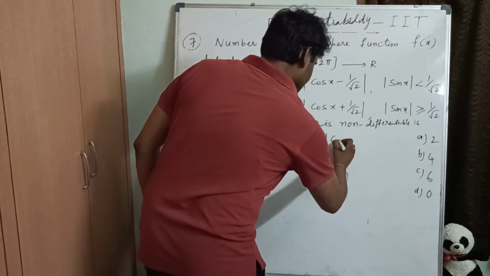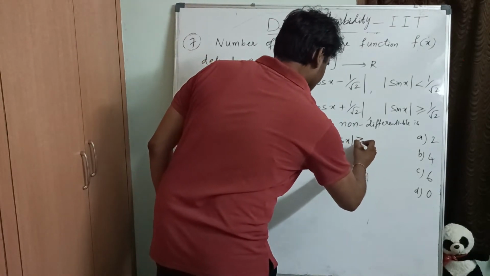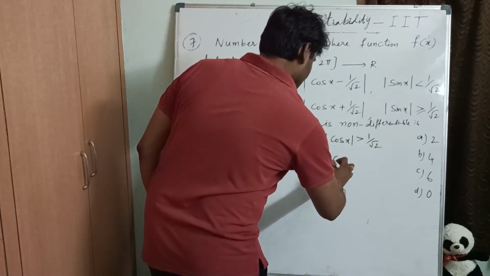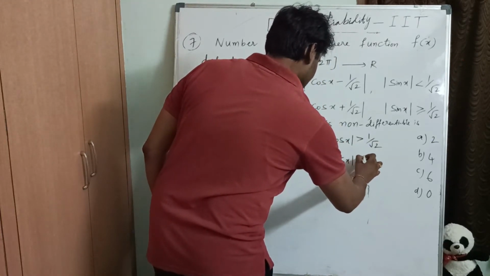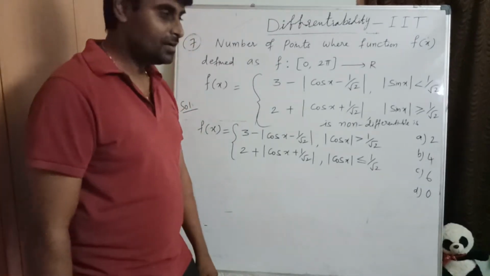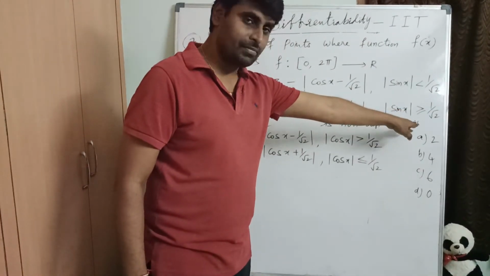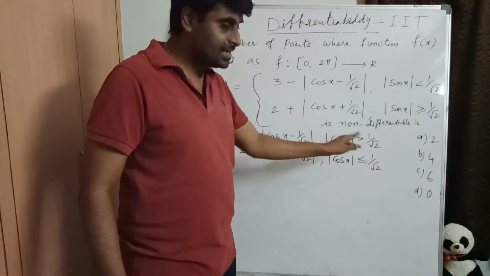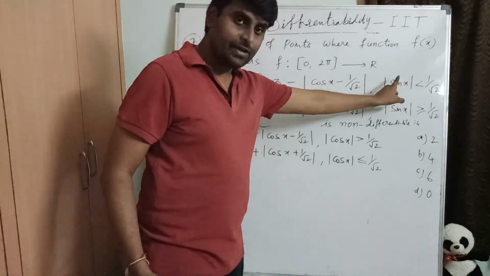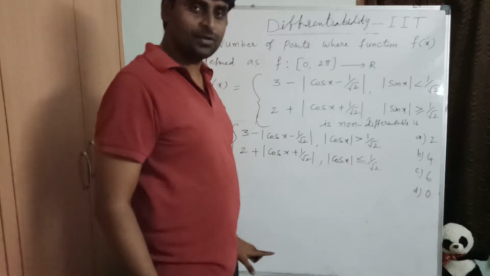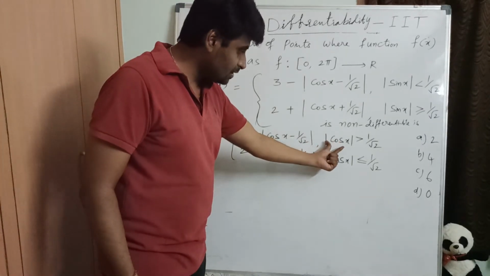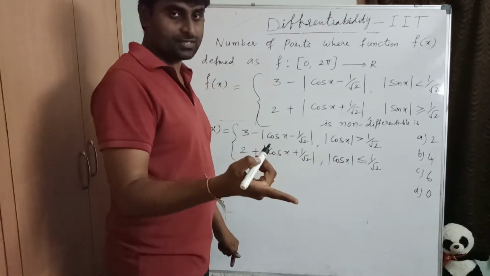And here modulus of cos x is less than or equal to 1 by root 2, just the reverse of this. Whenever modulus of sin x is greater than or equal to 1 by root 2, if you take cos x, it will be less than or equal to, quite opposite, correct or not? Here also if it is less than, then cos x will be greater than 1 by root 2. That's it. Because the function is given in modulus of cos x, the limits also must be in modulus of cos x.